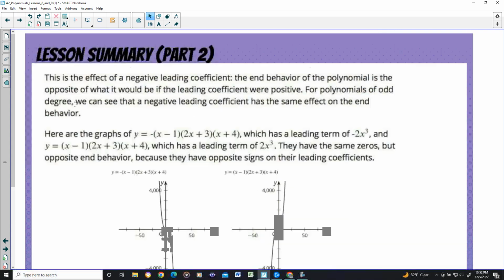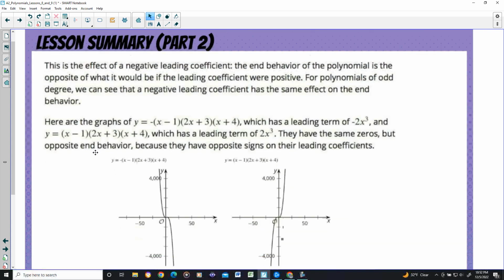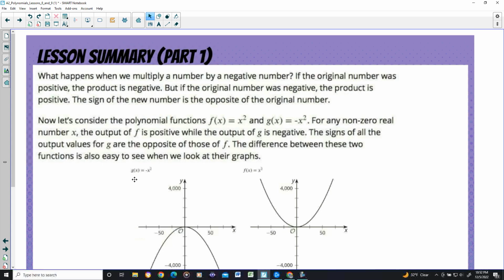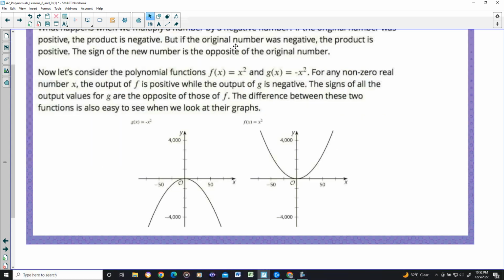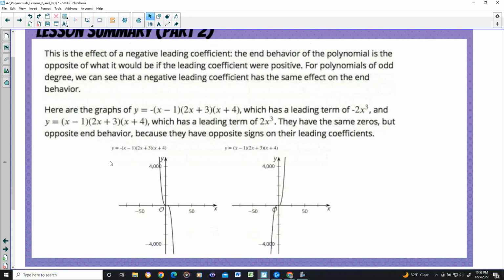So here is kind of the summary for this, okay? So here we go. We have an even degree that's negative. Both ends point down. Even positive, both ends point up. But what happens when you have an odd degree?